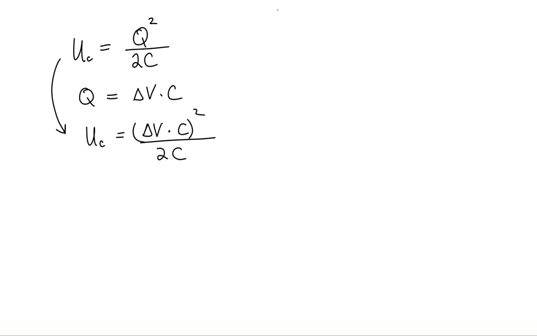Notice that a capacitance in the numerator will cancel with 1 in the denominator, leaving us with 1/2 times the capacitance times the potential difference squared.